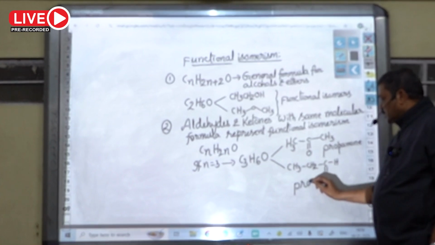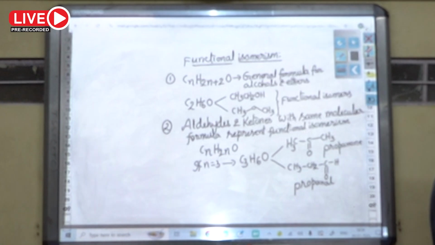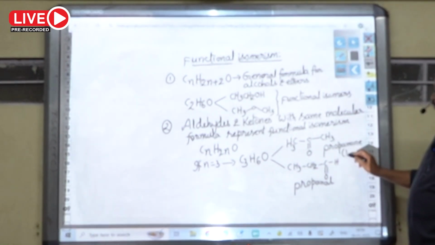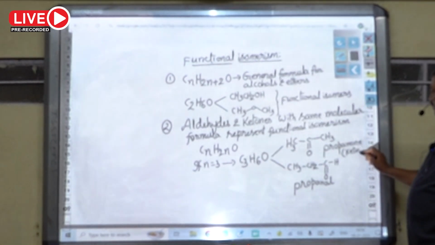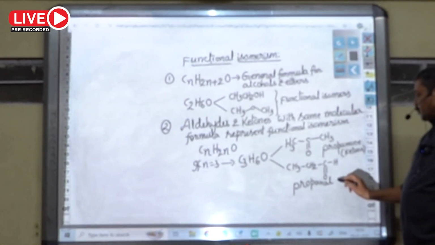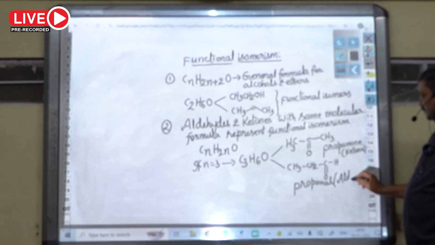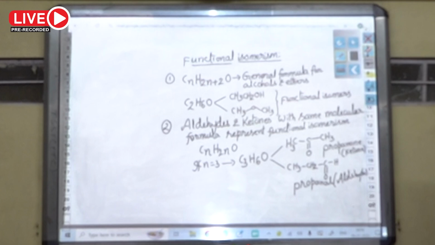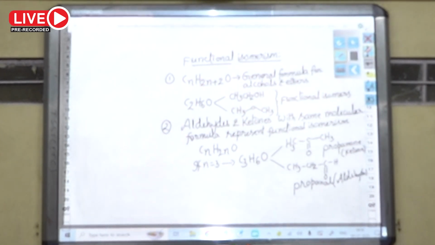This is propanal. So one is a ketone, propanone, and the other is an aldehyde, propanal. So they represent a pair of functional isomers.